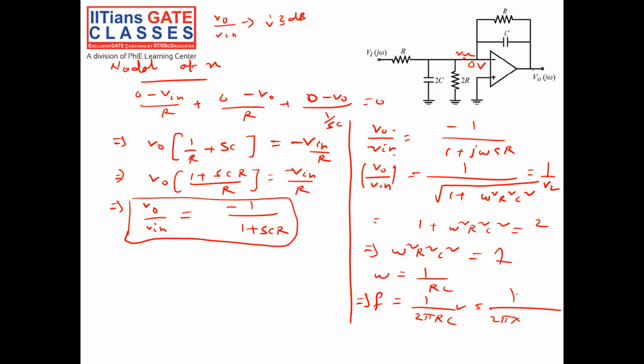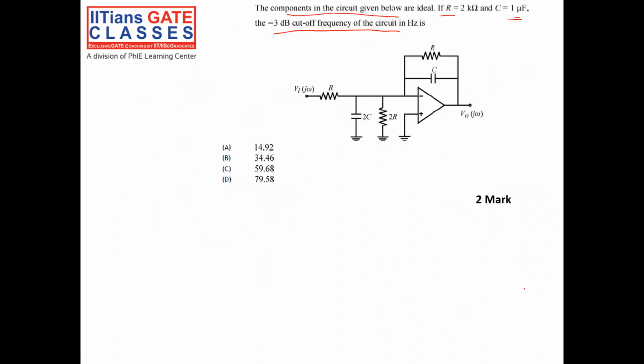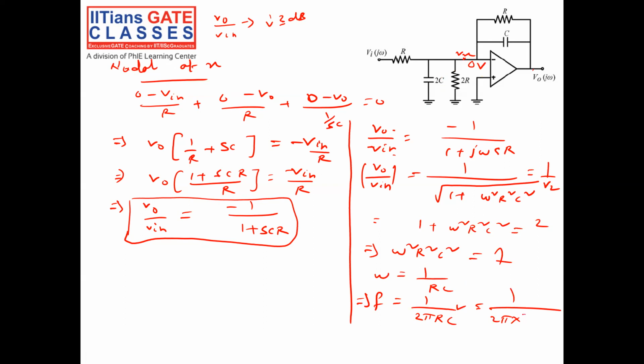What is R? R is given 2K and C is 1 micro. 2 kilo into 1 micro. In the calculator, 1 divided by 2 into pi into 2K into 1 micro.